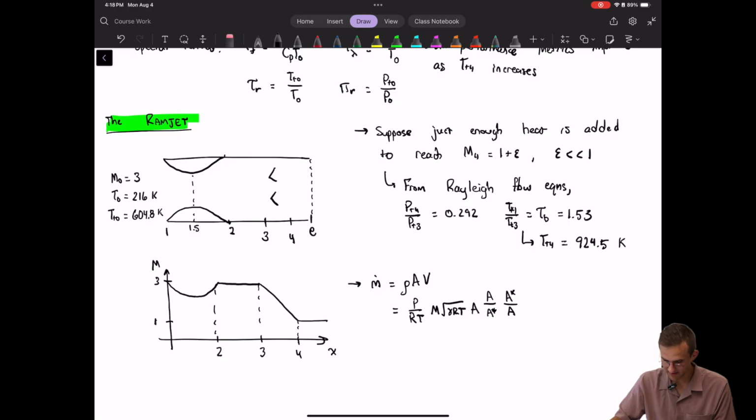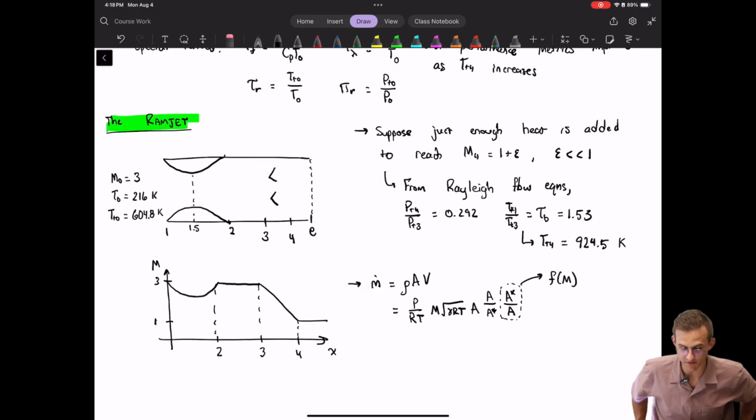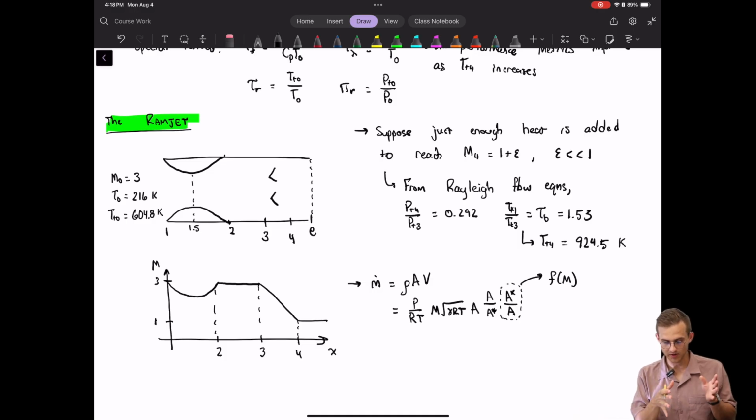Because this A star over A, in Cantwell's book, he calls it F of M. This is the one thing that'll be quite confusing, going between the notation that we've developed up to this point and what Cantwell has in his text, because in our text everything is written in terms of A over A star, so when you go to look up table values, you're going to be looking up 1 over f of M. Also, he's calling this f of M, the area Mach relation, as he calls it.